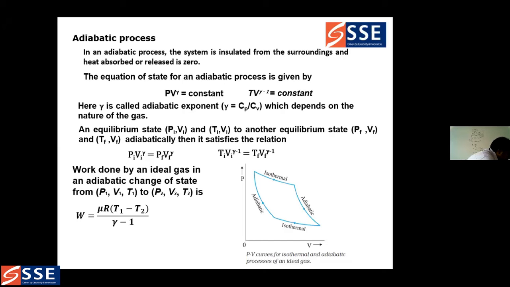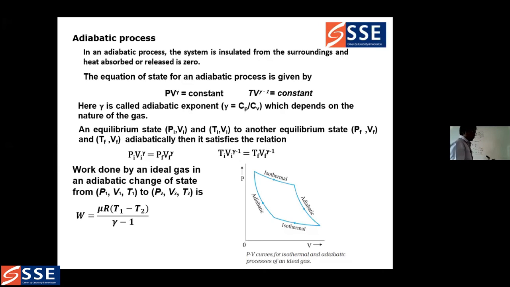So now take an equilibrium state, PiVi and TiVi, going to another equilibrium state, PfVf and TfVf, adiabatically. Then it satisfies the relation. We already know that P1V1 is equal to P2V2 for isothermal.